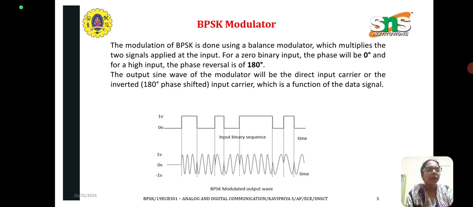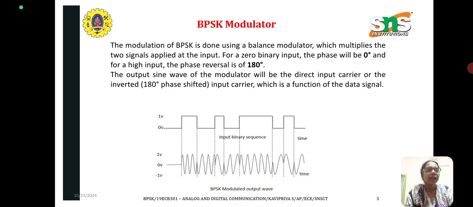For a binary 0 input, the phase of the carrier will be 0 degree, so there will be no phase change in the carrier. For a binary 1 input, the carrier will undergo a 180-degree phase shift. So for binary 0, it is a 0-degree phase change, and for binary 1, it is a 180-degree phase change.